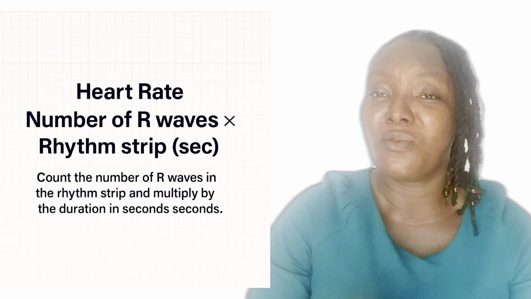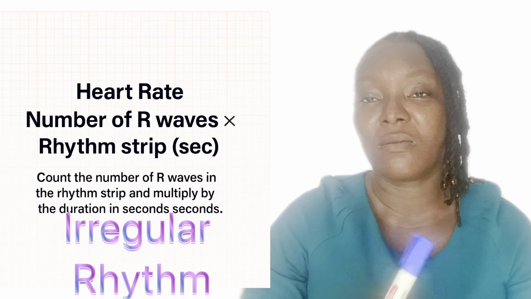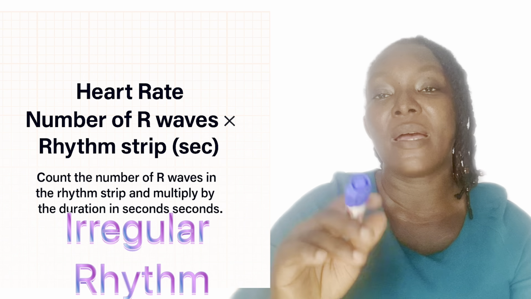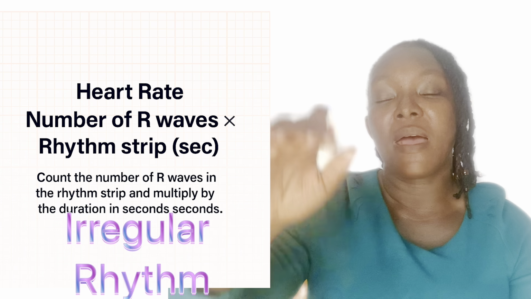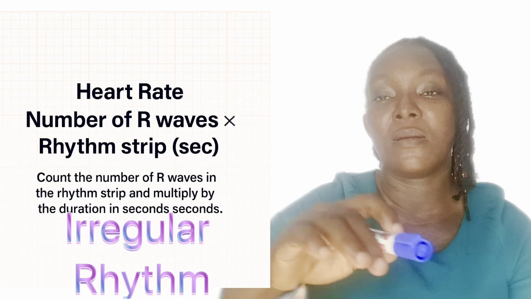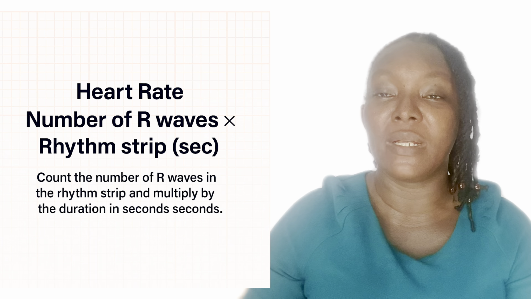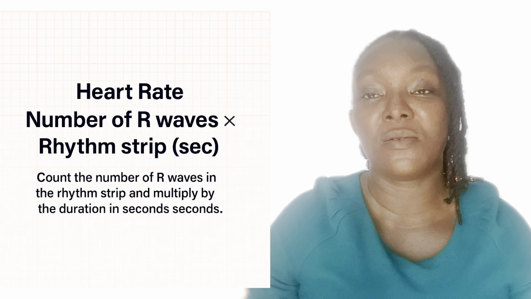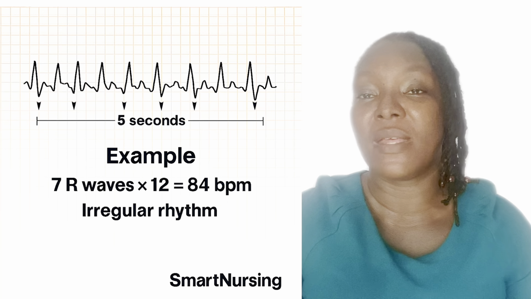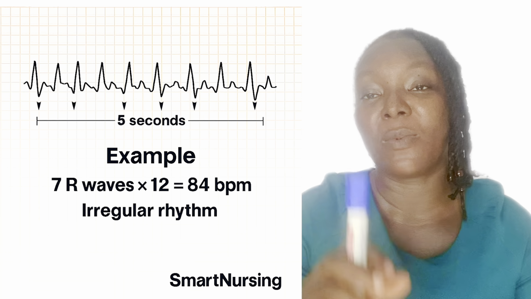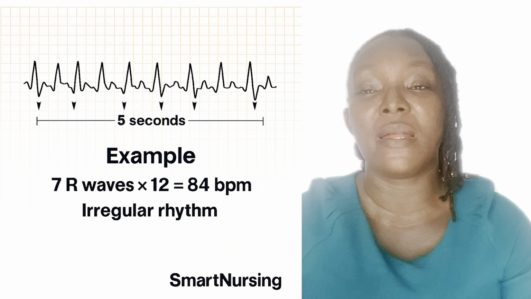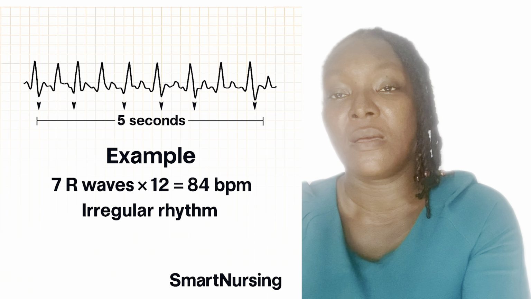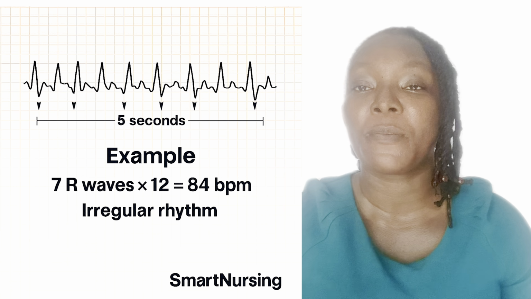And also if your reading is not regular, then you can just count the R waves in between and multiply by 12, and that will give you your heart rate. So if the R waves there are 7, you are going to multiply 7 by 12, and that will give you 84, isn't it? Right?